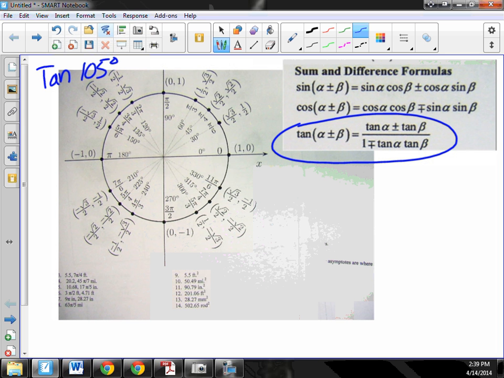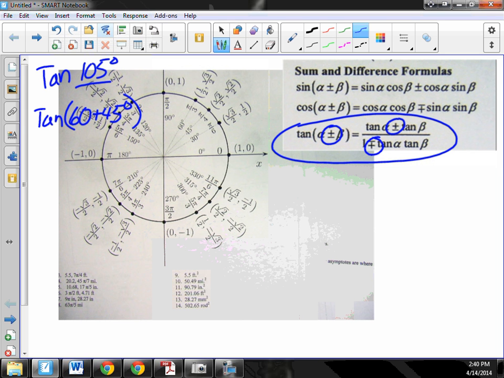So let's try it. How do we create 105 degrees? So the tangent of 60 plus 45. Now notice this plus or minus matches that plus or minus, and the one in the denominator is opposite.